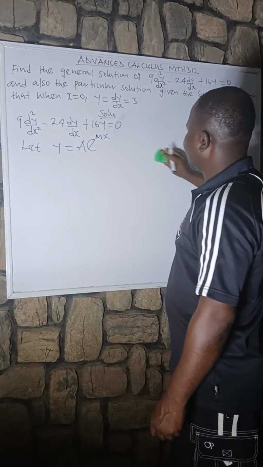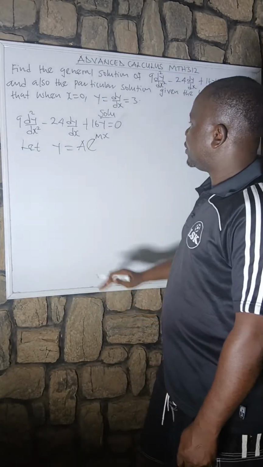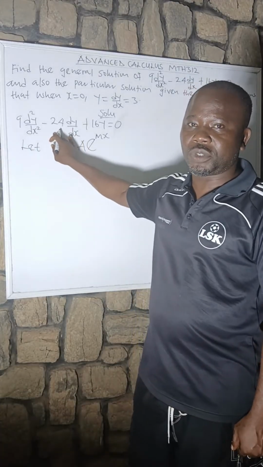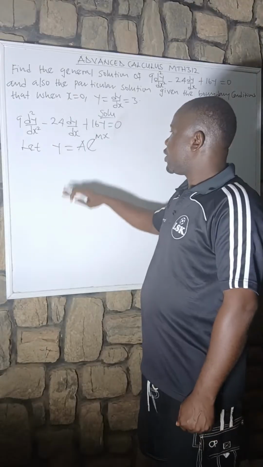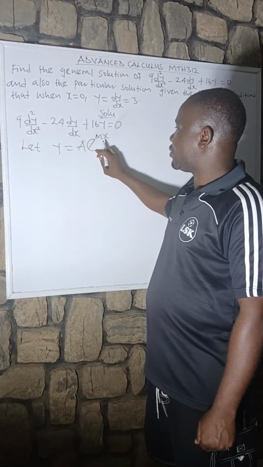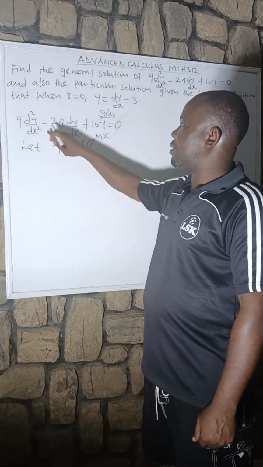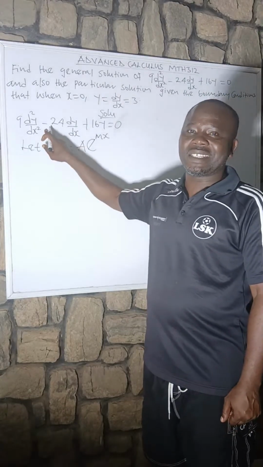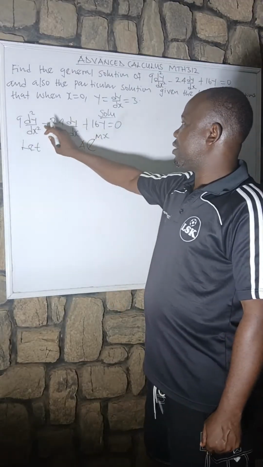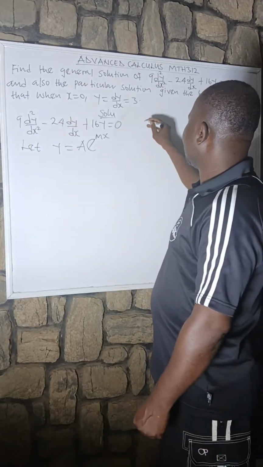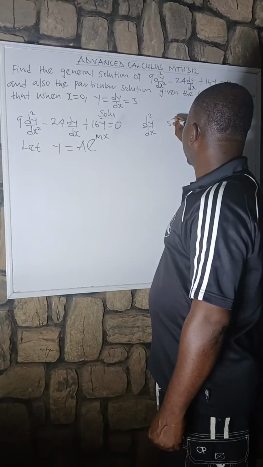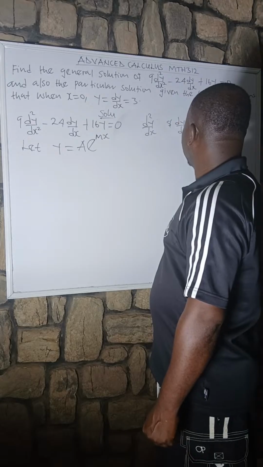So now, since this is the solution to this second order differential equation, what we need to do is differentiate this function twice. Why? Because this is a second order differential equation. Depending on the notation given, here the notation is d squared y over dx squared and dy over dx.